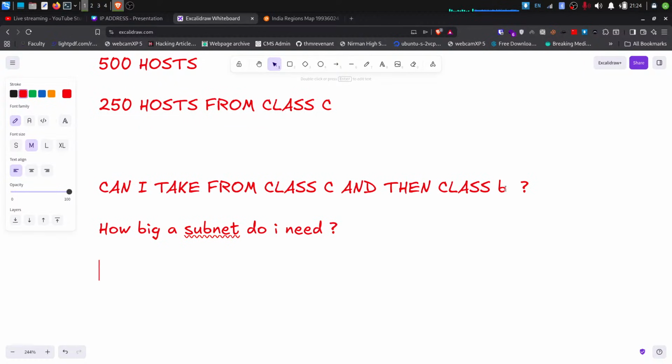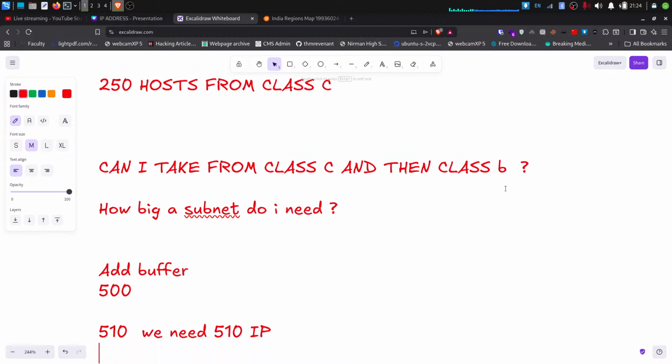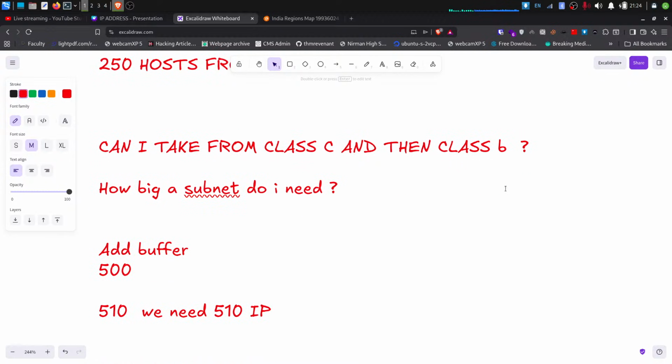Our scenario was around 500 usable IP addresses, with minimum wastage. So we add a buffer here. We need 500, but we'll add a buffer, like 510. So we need 510 IPs.